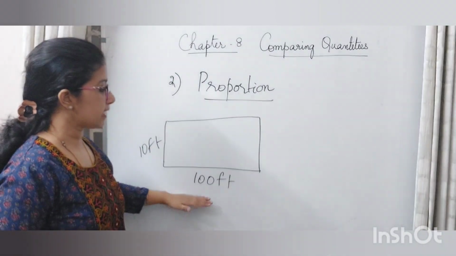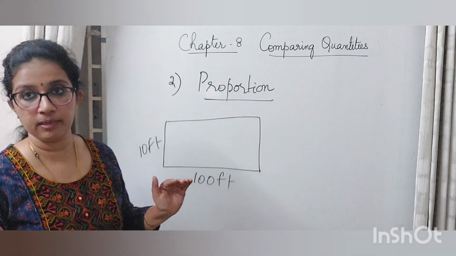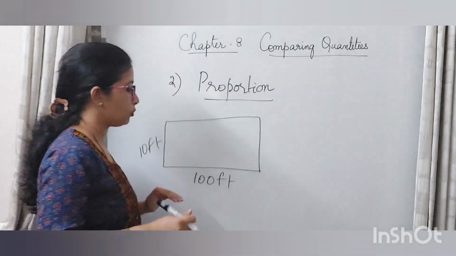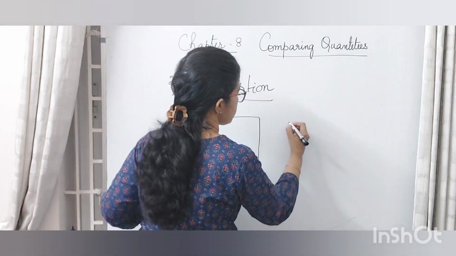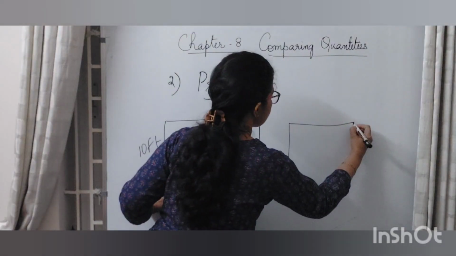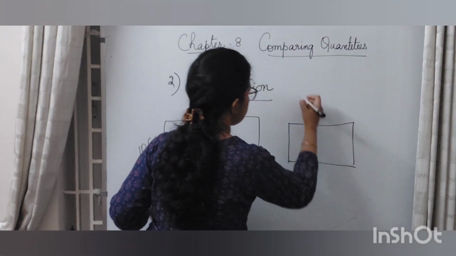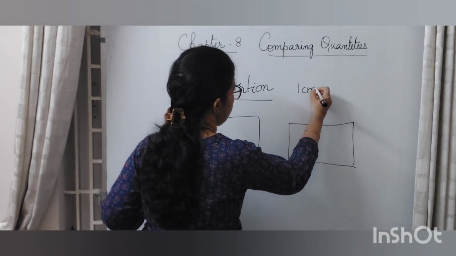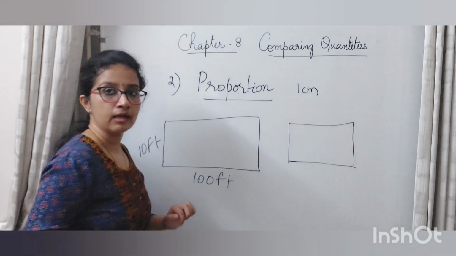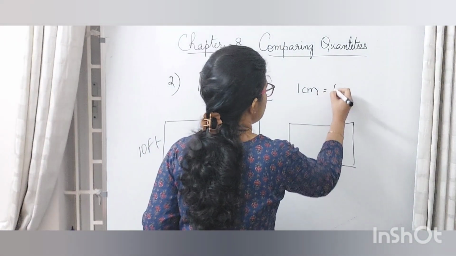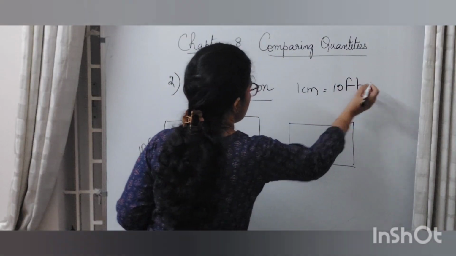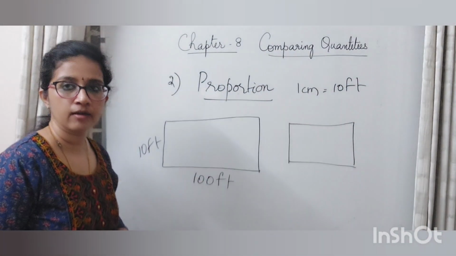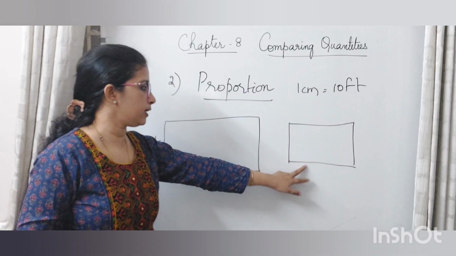Now this 100 feet we cannot draw in a piece of paper. So what we will do is we will give a key here. See, we will first draw a figure and give a key here like 1 centimeter in the paper corresponds to 10 feet in the ground. Okay. So what will this side be?